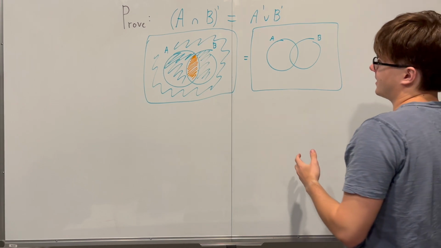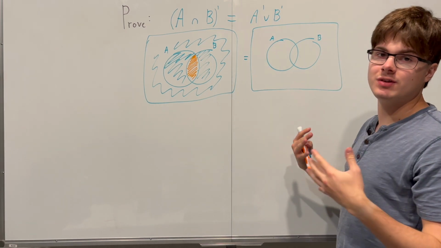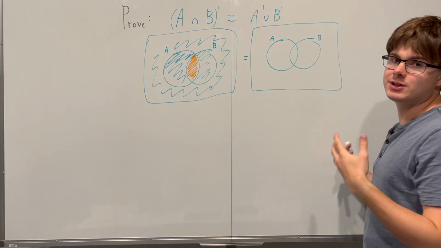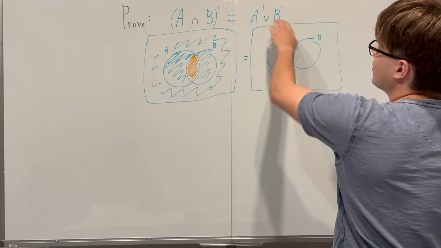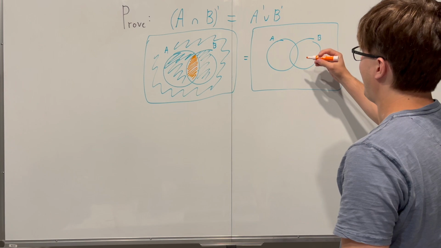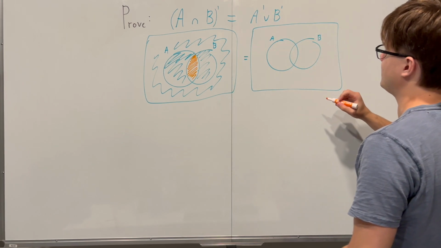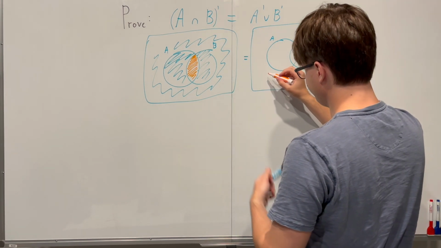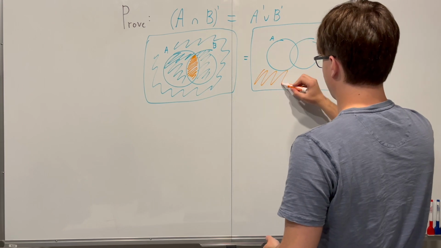So on the right-hand side, it's going to be a little bit trickier to intuitively see this, but this is how I've reasoned my way through drawing this. The complement of A simply means we want to be interested in everything that's not in A. It means that we want to look at, for example, something that looks like this.